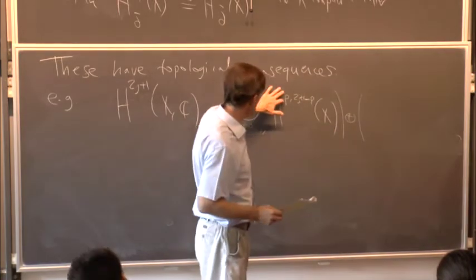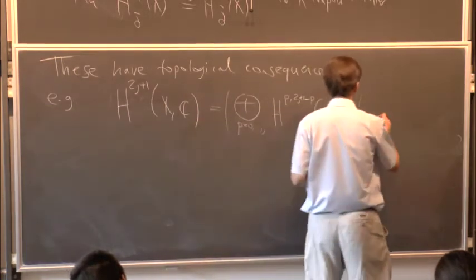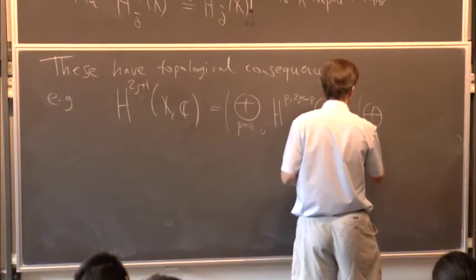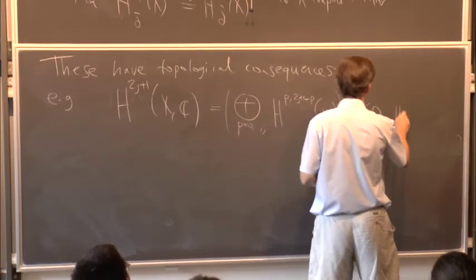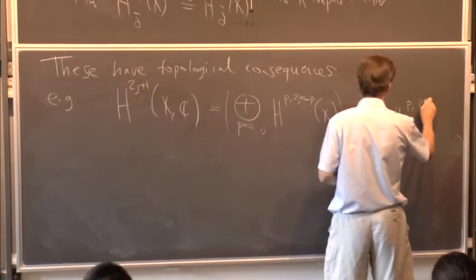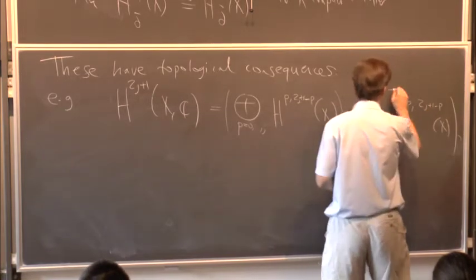For the second half, I'd take p larger than half the dimension, but instead I can take the direct sum again from p equals 0 up to j of H^{p,2j+1-p}(X), but now I'm going to take the complex conjugate there.